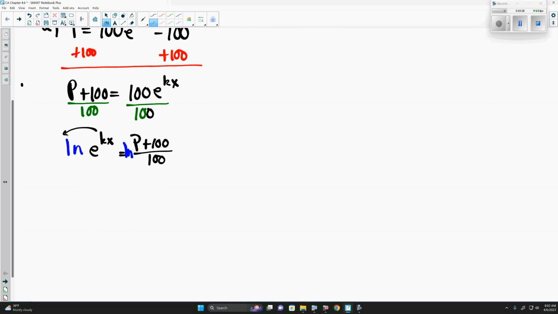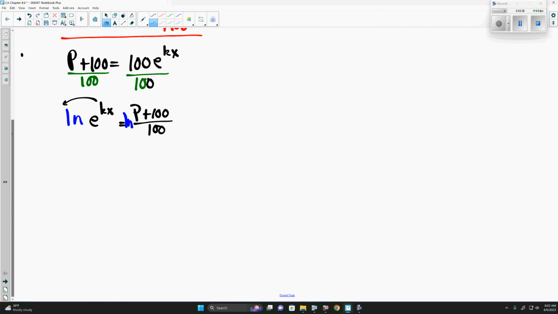And whenever we apply the natural log to both sides, one of our properties of logarithms is that we can move the exponent out front, which does give us k times x. And the natural log of e is 1. So it tells us that k times x is equal to the natural log of P plus 100 divided by 100.